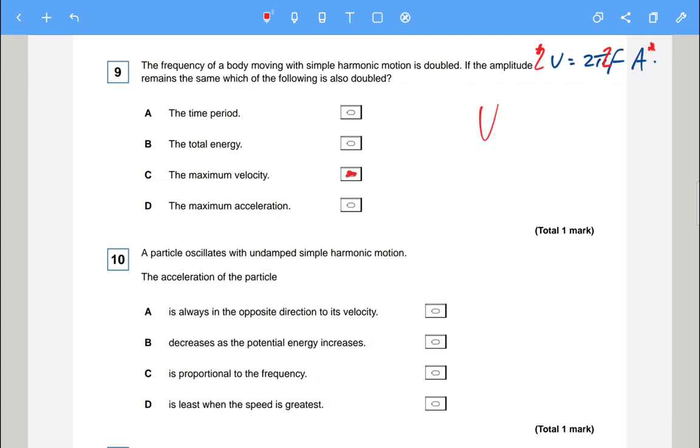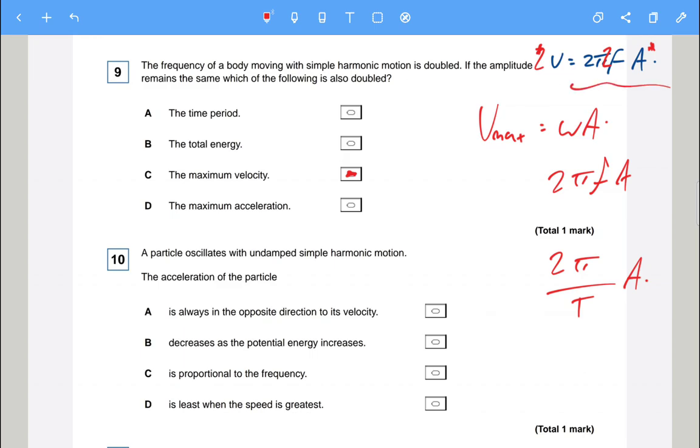That equation actually is vmax equals omega A, or 2 pi f A, or vmax is 2 pi over T times A. Either iteration. Obviously go for this one because in the question it talks about frequency and it talks about amplitude. So this is the one. So I'm just going to remove some of that.